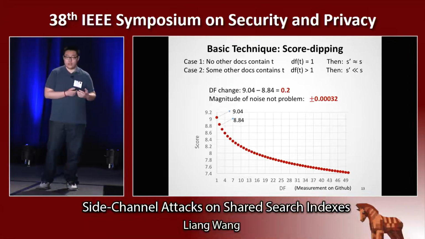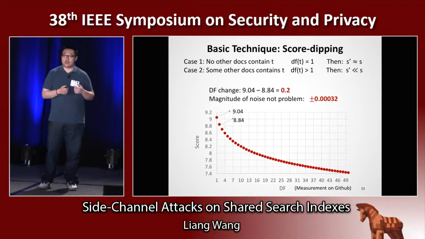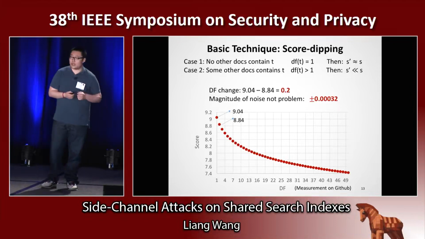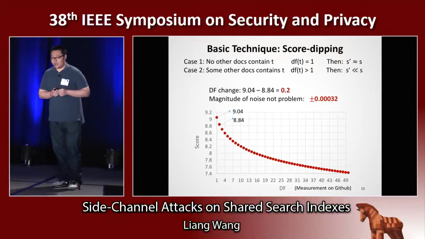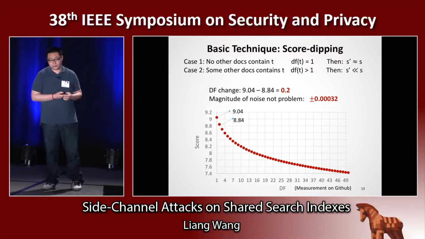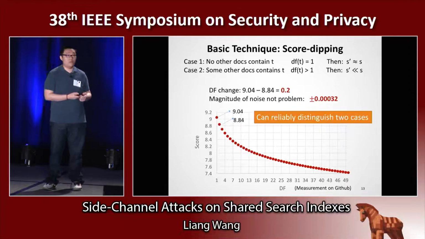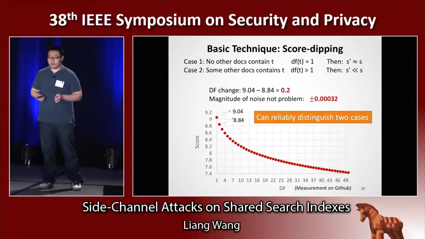In comparison, we observe that in a short time period, like 2 hours, the noise only causes very small changes in the relevance score. So the conclusion is that we can reliably distinguish these two cases in score deeping.